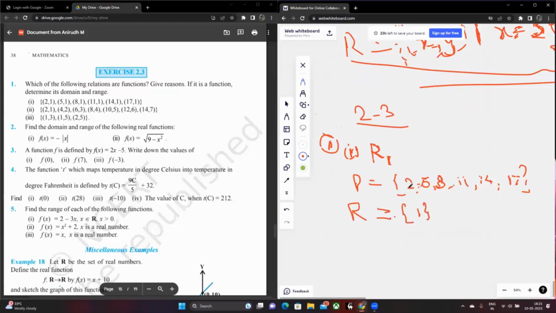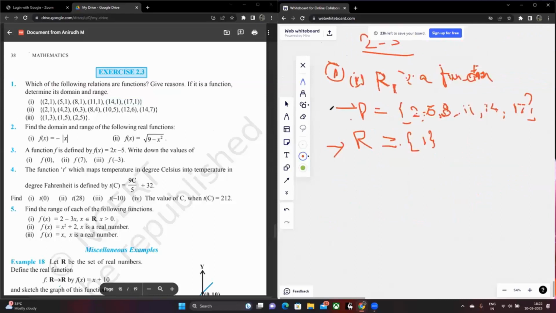You can see that each element in D has only one element in R, that's 1. For a function, each element in the set of first elements D should have a unique element in the set R, the set of second elements. Since you have only one element for each element in D, this is a function. Excuse my whiteboard, there is some problem with it this time. But R1, this relation, is a function.